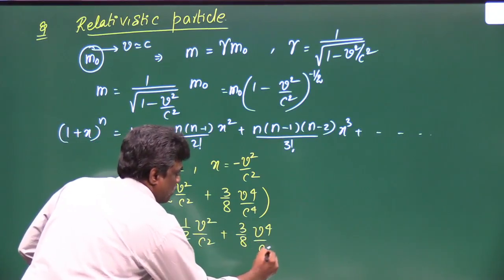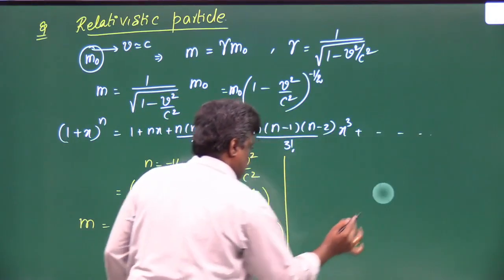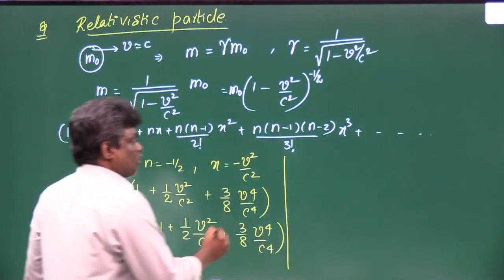v power 4 by c power 4. So I request you, just multiply with c square on both sides.